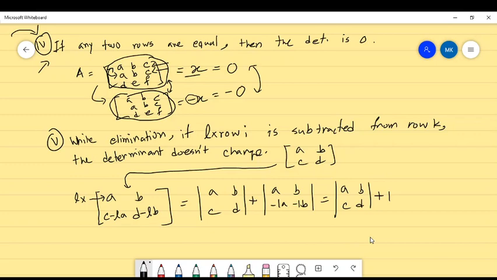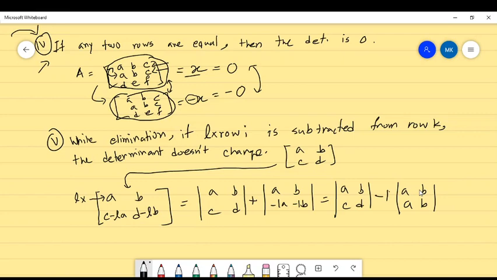Okay, so let's take out the negative L. So minus L and A, B, A, B. Alright.